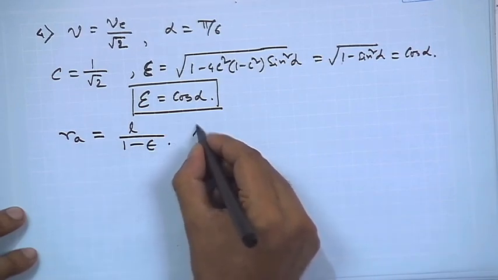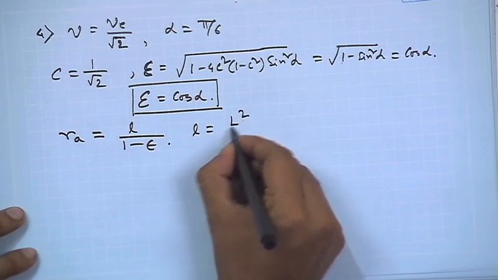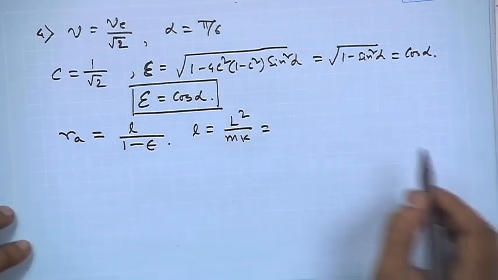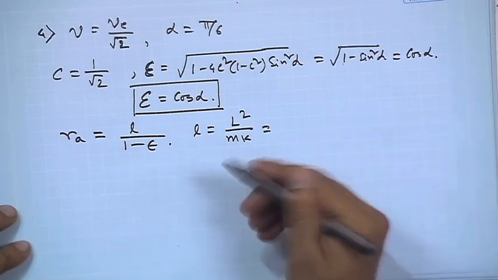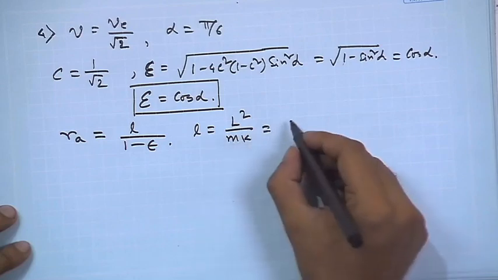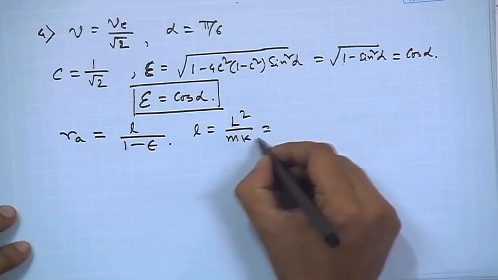Now, l is L square by m k, and just like we did during one of our previous classes, we have to substitute for L and k.